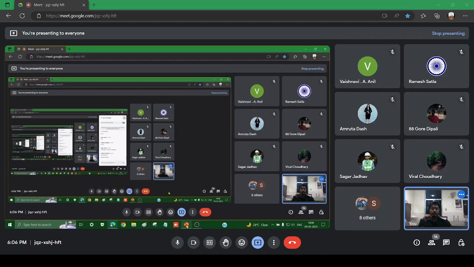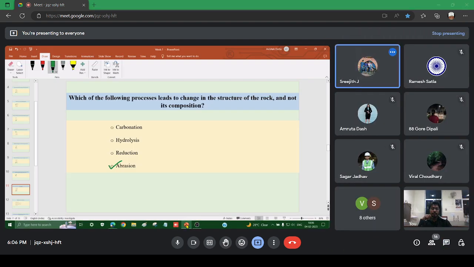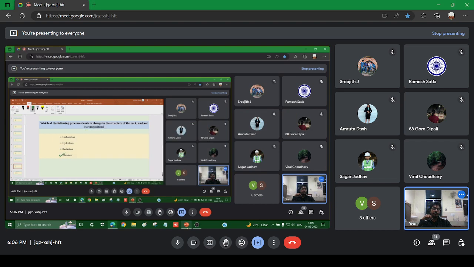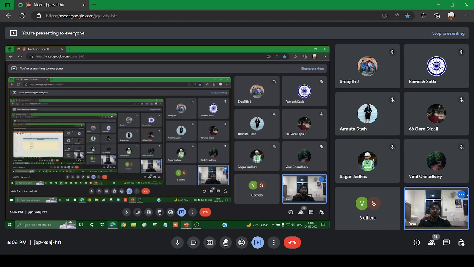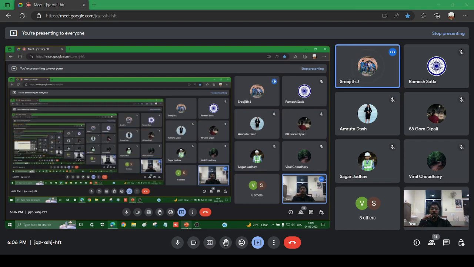Reaction of the rock minerals with carbonic acid. Carbonic acid, yeah, or mainly carbon dioxide. Okay, addition of CO2, carbonation. Okay, this is a reaction. It is Srijit.